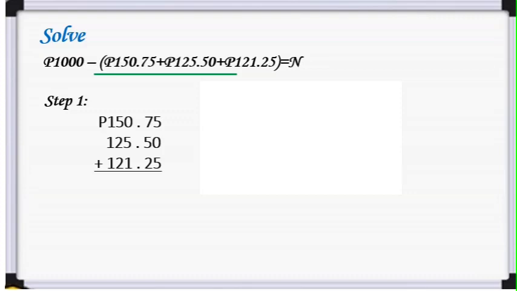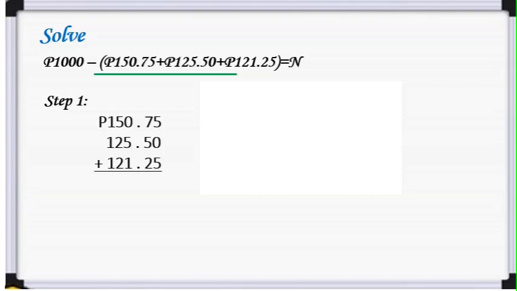The third step is we need to add as in adding whole numbers. We start at the rightmost digit. So, we add 5 plus 0 plus 5. The answer is 10. In addition, we need to regroup if our answer is more than 9.